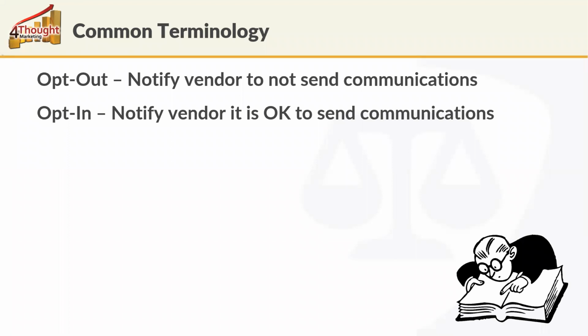Opt-out is basically telling a company, don't send me communications. So in the world of CAN-SPAM in the US and still in many parts of the world, you have the right to communicate with somebody until they explicitly opt out.